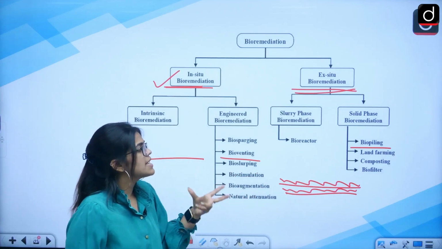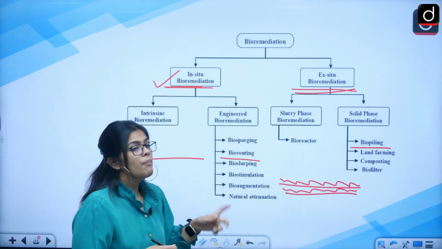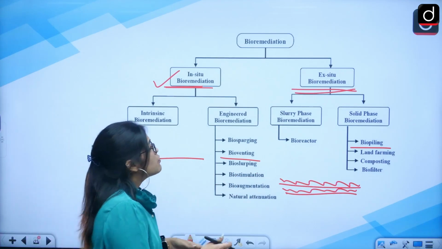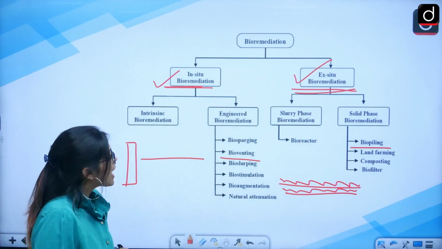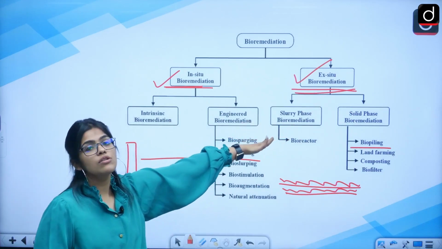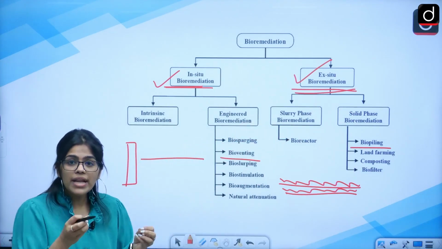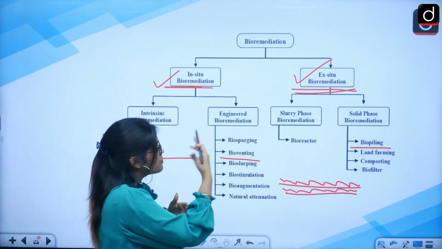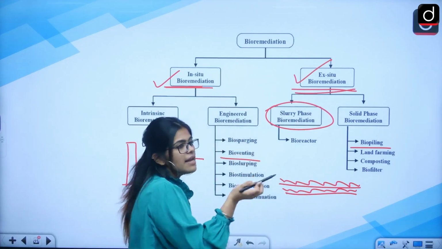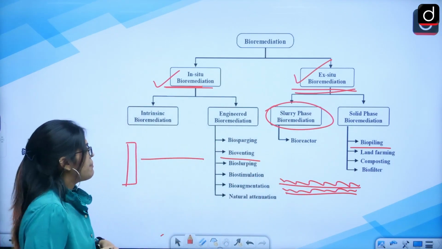Biofilter, composting, land farming, and biopiling are a few ways in which ex situ bioremediation is done. Sometimes the slurry phase is also there, in which the soil is mixed with water. You prepare a slurry and then the bioreaction can happen.